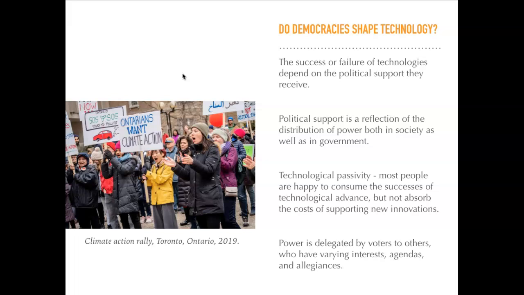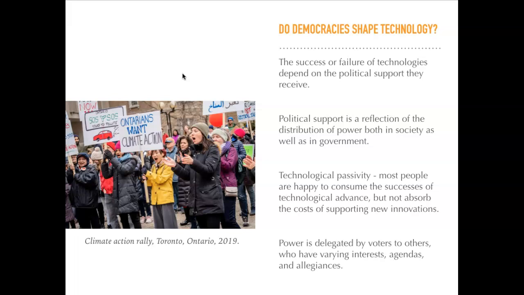But the kind of political support that climate action has been receiving greatly plays a role in the kinds of technologies that we use in the future.